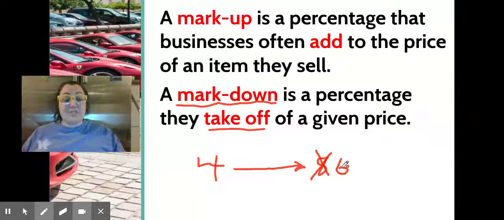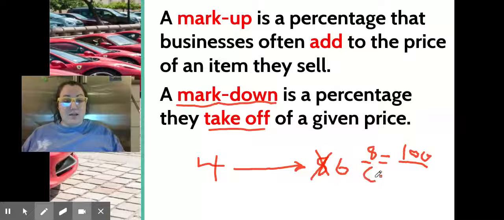In that sense, you're still making money, but you marked down your price. You said, hey, $8 was my original price, so $8 was my 100% in that case, because that's how much you were originally selling it for. And I marked it down to $6.